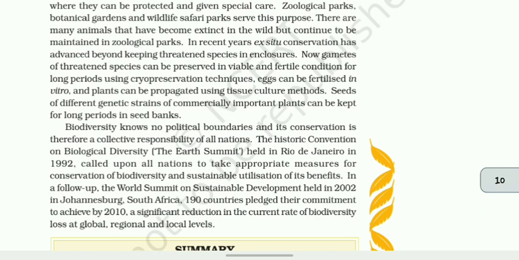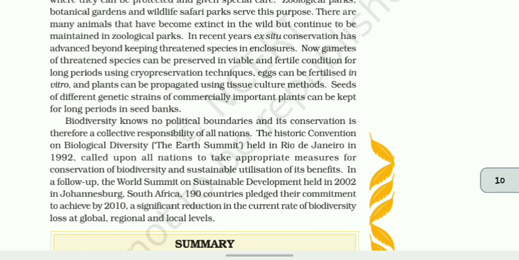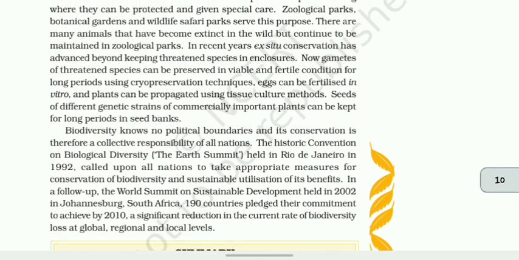In recent years, ex-situ conservation has advanced beyond keeping threatened species in enclosures. Now, gametes of threatened species can be preserved in viable and fertile condition for long periods using cryopreservation techniques. Eggs can be fertilized in vitro and plants can be propagated using tissue culture methods. Seeds of different genetic strains of commercially important plants can be kept for long periods in seed banks.